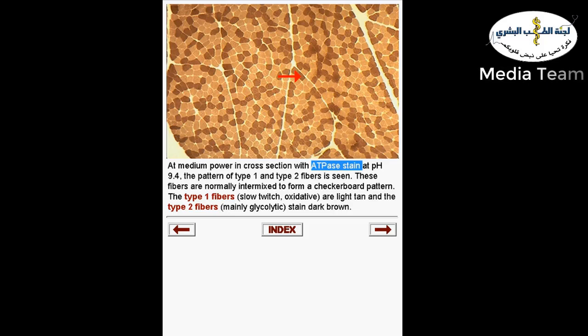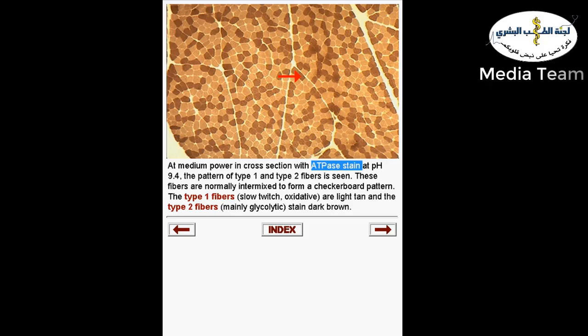Another thing you have to know is that type 1 fibers' nerves are different from type 2 fibers'. There is one nerve that gives branches to type 1, and another nerve that gives innervation to type 2. So they have different innervation.